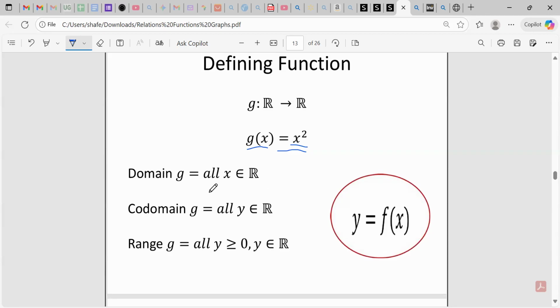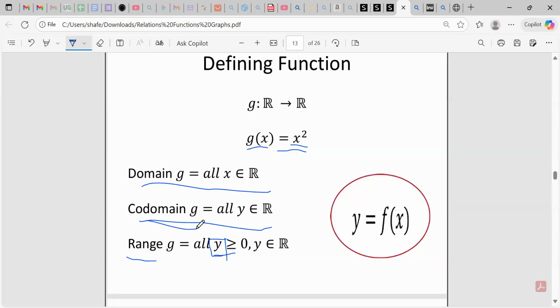In this case, again, your domain is all the real numbers. x can take on all the real numbers. The codomain happens to be all the real numbers. And in this case, the range, we're going to call the values of the range y, is greater than or equal to 0. In this case, the range is not equal to the codomain.